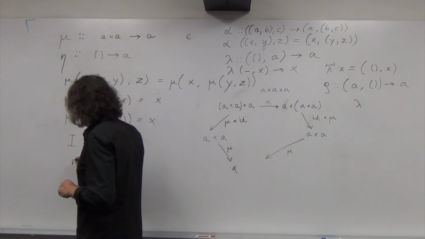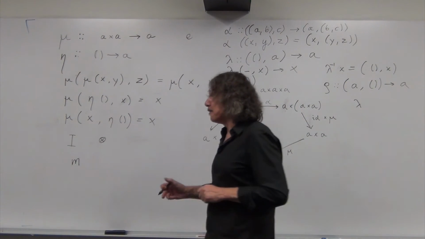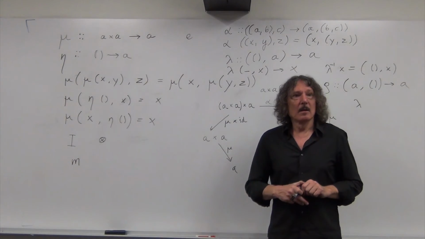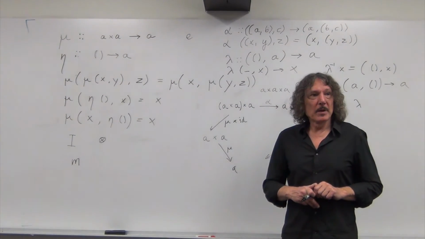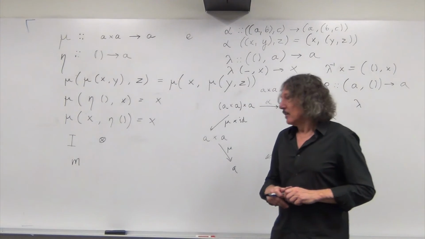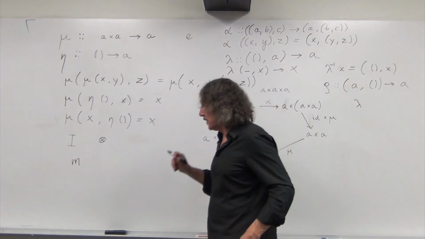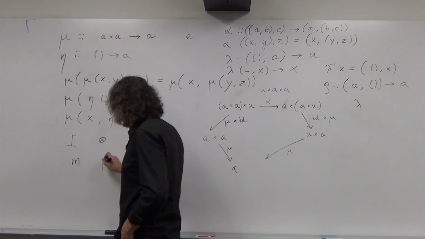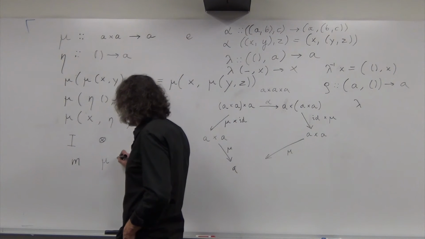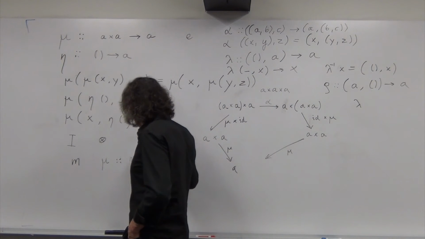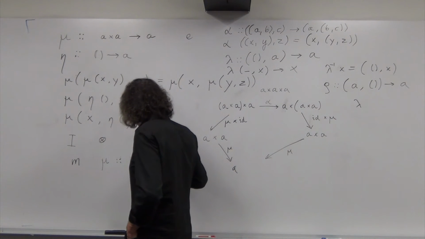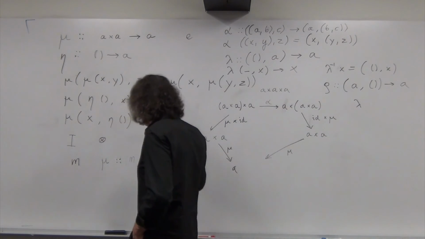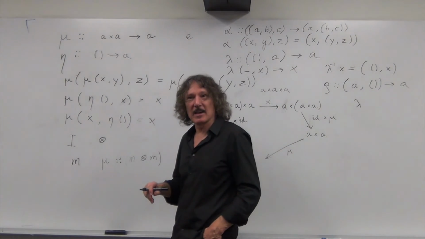Let's call this object M, with two morphisms. We have the morphism mu that goes from M cross M. See how I'm generalizing things a little bit at a time?